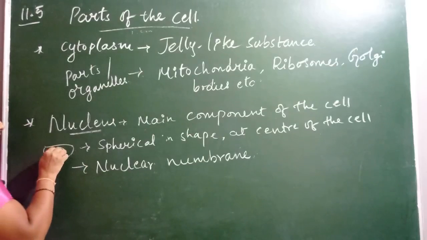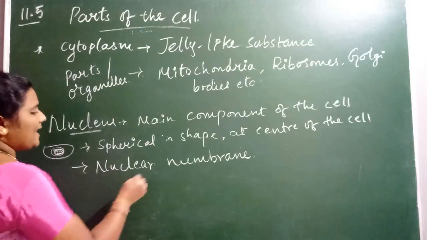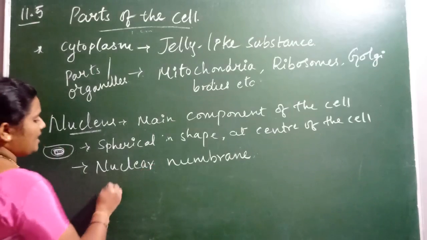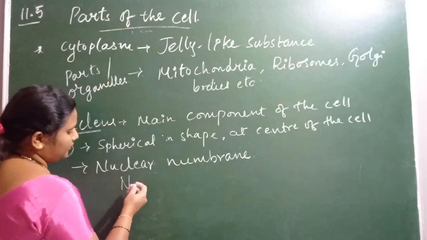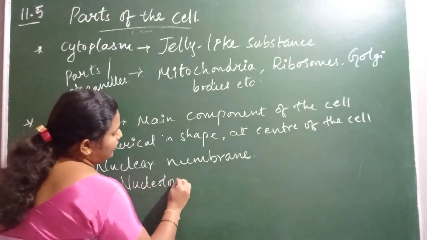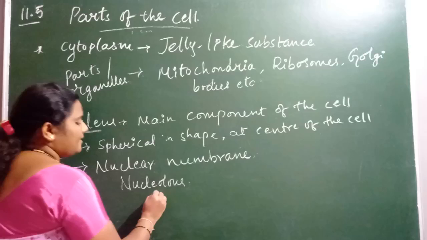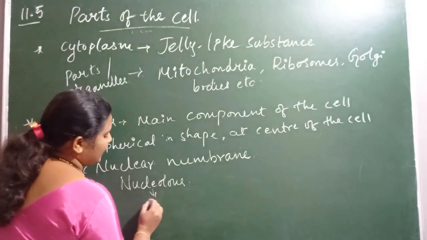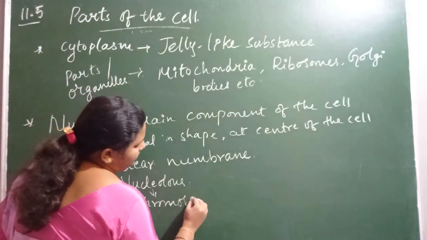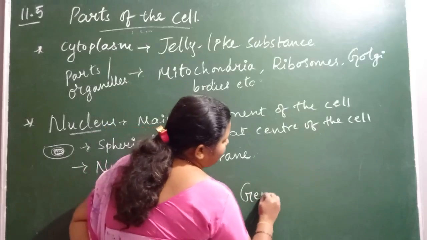This nuclear membrane protects the small structures which are present in the nucleus, like chromosomes, isn't it, children? Generally, the nucleolus will be present inside the nuclear membrane, and this nucleolus will contain chromosomes, and chromosomes will contain genes, children.